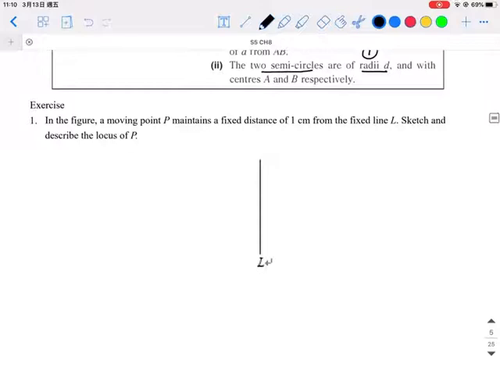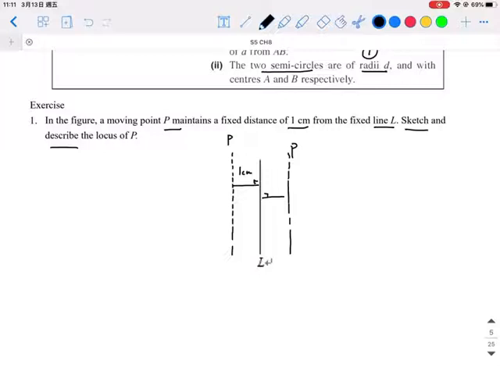So you need to pay attention. In the following questions, you need to distinguish whether P keeps a fixed distance with a line or a line segment. The first one is point P keeps a fixed distance of 1 cm with a line. This one is a line, so sketch and describe it. Obviously you need to have 1 cm here, and the locus is here. And then another one is also 1 cm on the right hand side, and the locus is here.